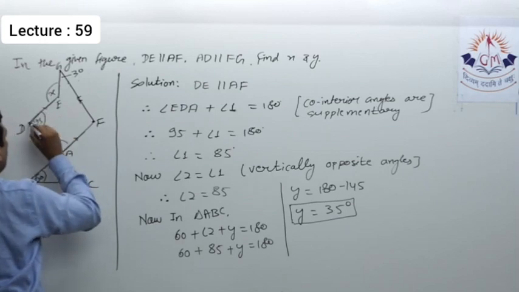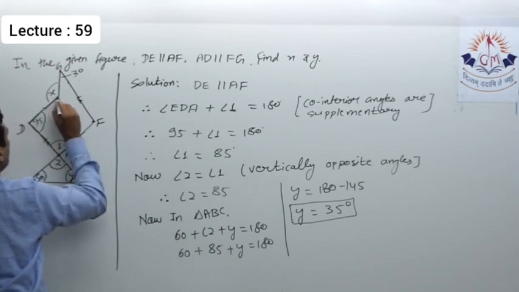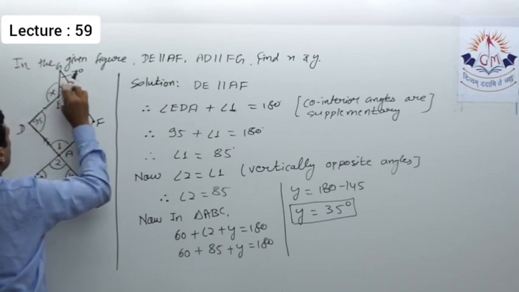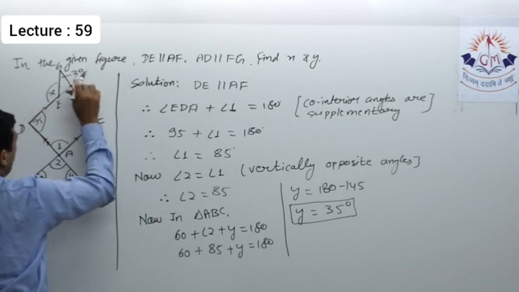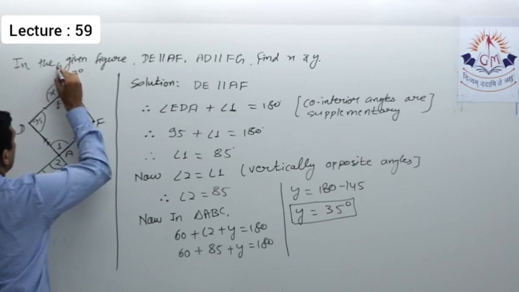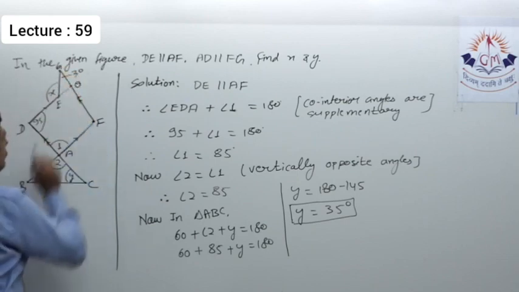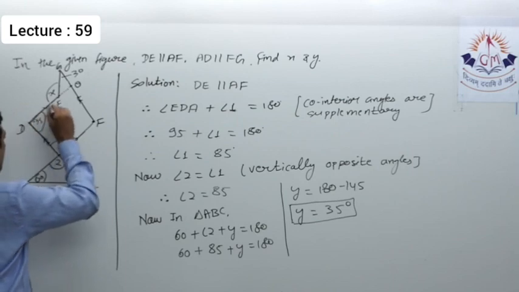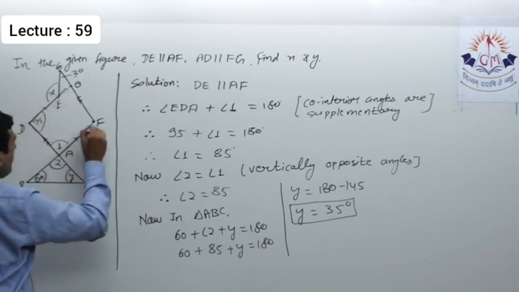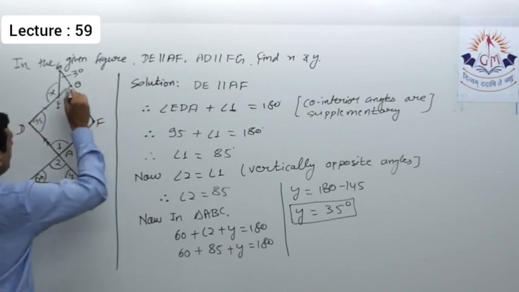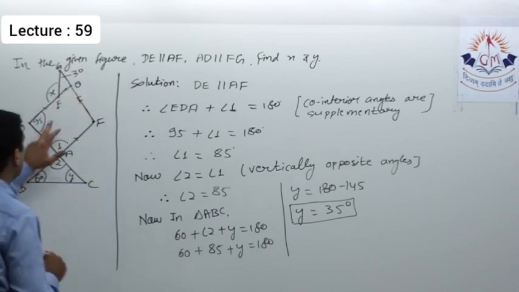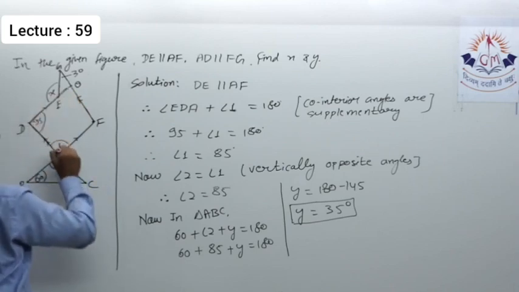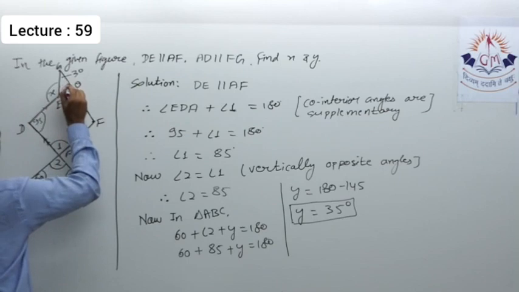Now what I have to do, I have to produce this DE so that it meets over here, let the point be Q. Now see this triangle GEQ. Also it is given these two lines are parallel, and these two are also parallel. So this is 95. As these two lines are parallel, this angle will be 95.